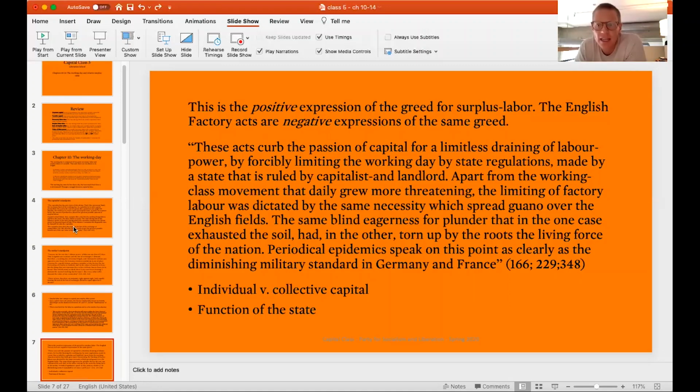On the one hand, there is the intra-class conflict of the capitalists, because it's in the interest of the individual capitalist to accumulate as much value as possible, as quickly as possible, even if that means overworking the working class to death, right? But that can run up against the collective interests of capital, because the individual greed of the capitalist, if there are no limitations on it, can lead to the collapse of the system.